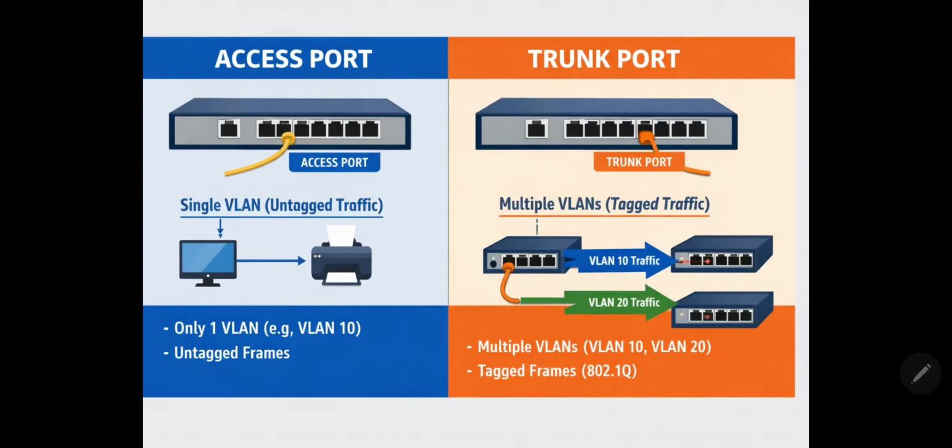An access port is a switch port that carries traffic for only one VLAN. Access port is just for one VLAN. Devices connected to an access port do not need to understand VLANs.